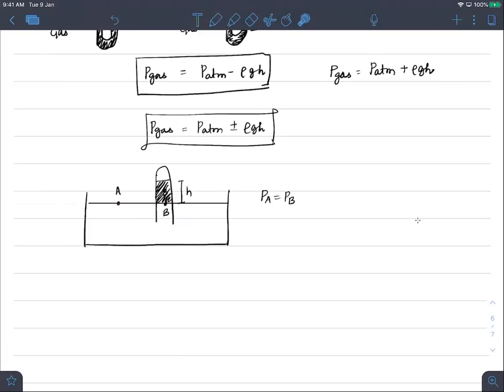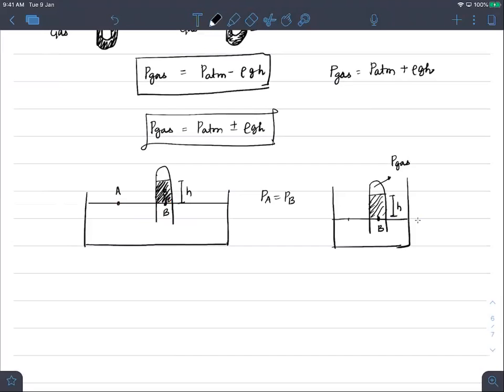Okay. But suppose you have some gas present inside, let's say on the same column. At this point, there is mercury as well as some extra gas which is present here that got stuck inside, and this is at height h.